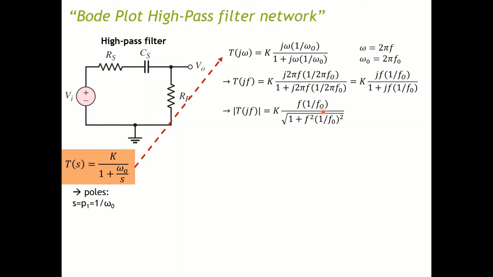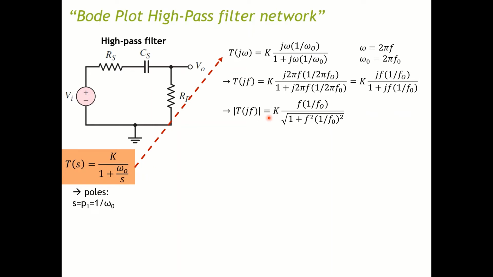Now what we want to do is understand the magnitude of our transfer function. Remember, as I said before, a transfer function has two components, magnitude and phase. Now we want to study the magnitude, so we take the magnitude of this complex function.